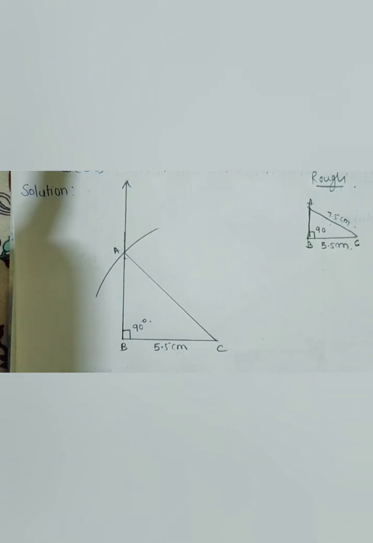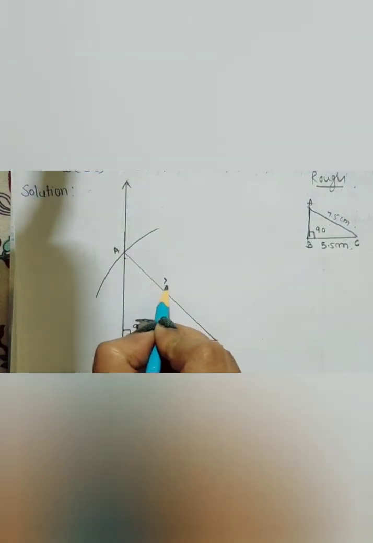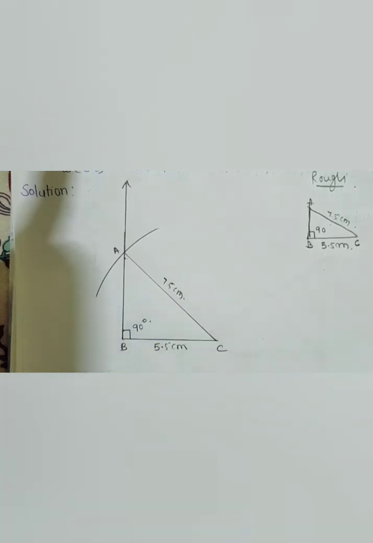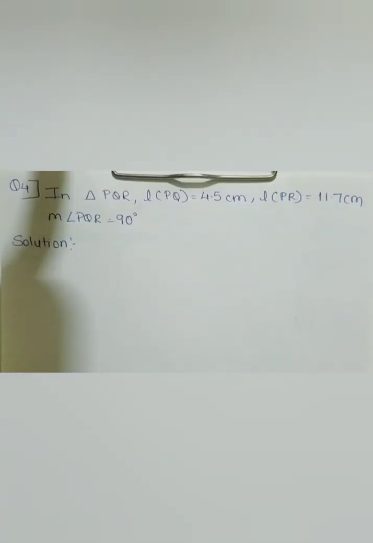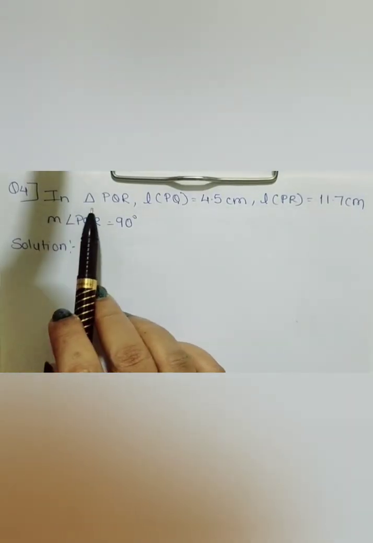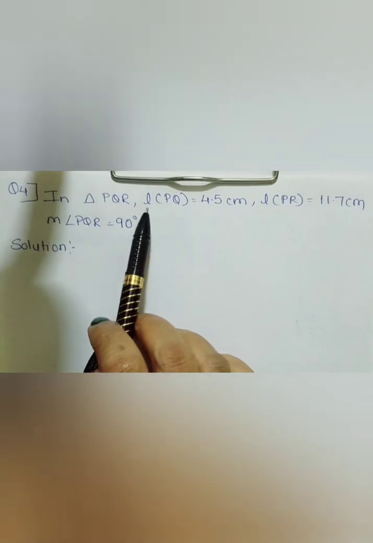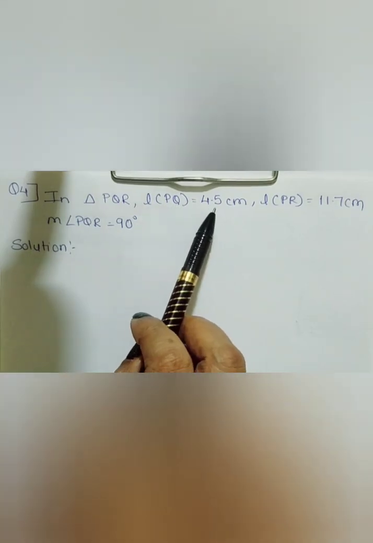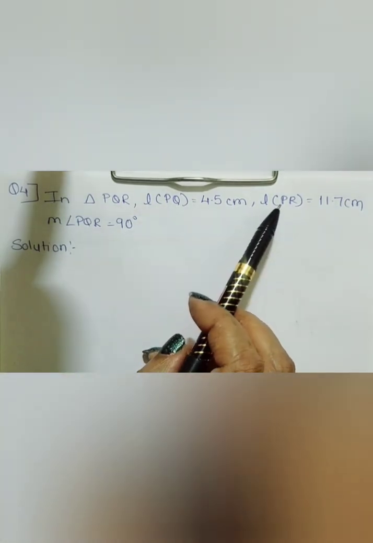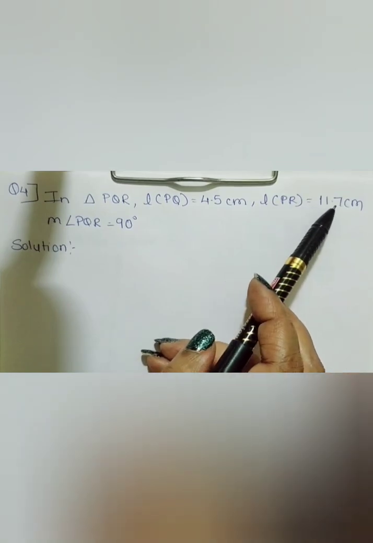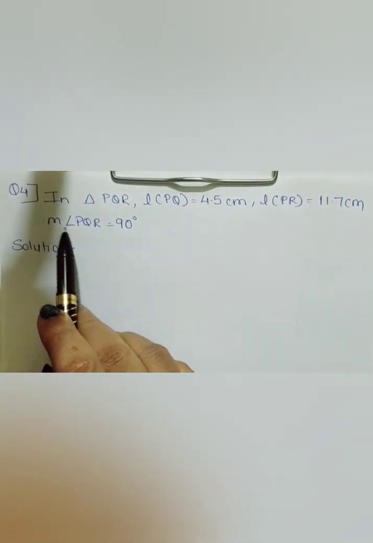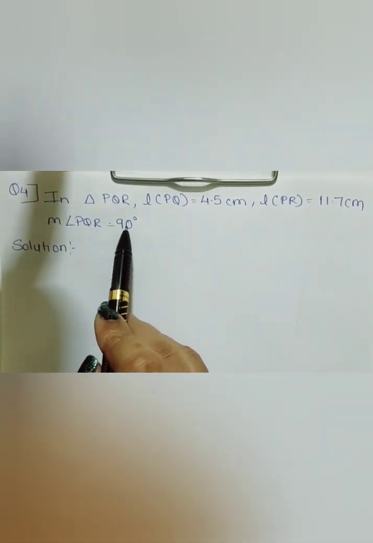Okay, I hope you understood how to do this. So 7.5 centimeter. Now next sum, question number 4. Number 4 is what? In triangle PQR, length PQ is given 4.5 centimeter, length PR is given 11.7 centimeter, and measure angle PQR is 90 degree.